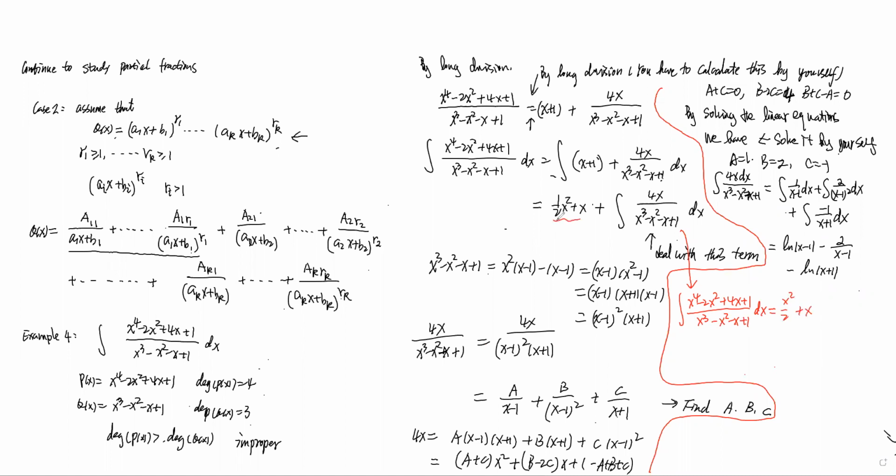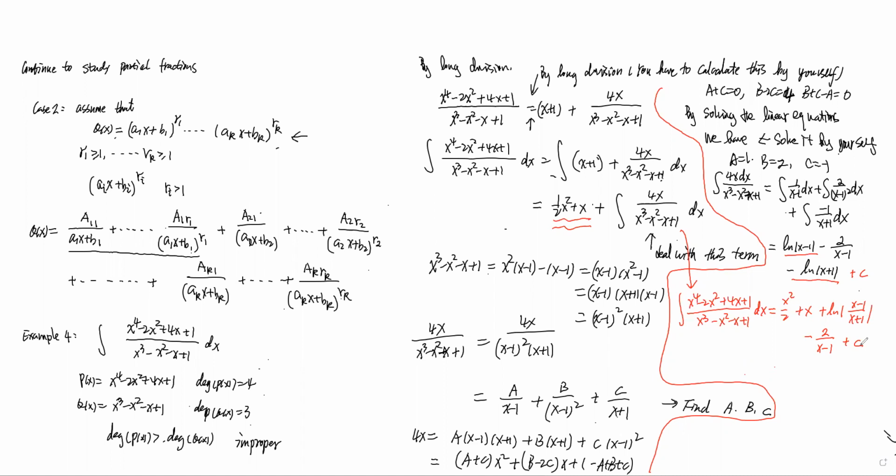I just copy these two terms and then we combine the other terms together. So it's plus ln|x minus 1| over |x plus 1|, minus 2 over (x minus 1), and here I forgot the constant, plus C.